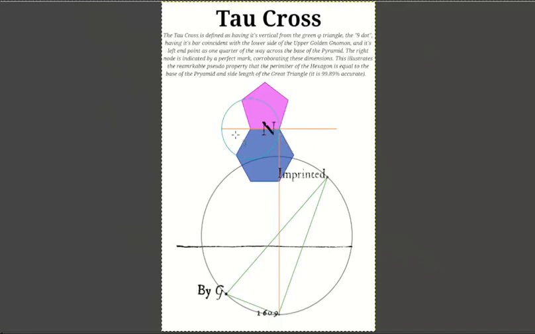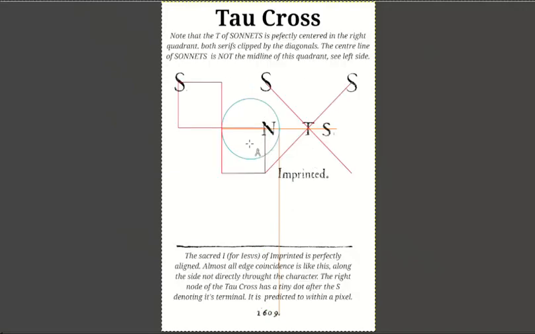Now, this end of the tau cross isn't defined in my program as being where the horizontal hits the circle. It's actually defined as being a quarter of the way across the base of the pyramid. And it just so happens that these two are almost coincident.